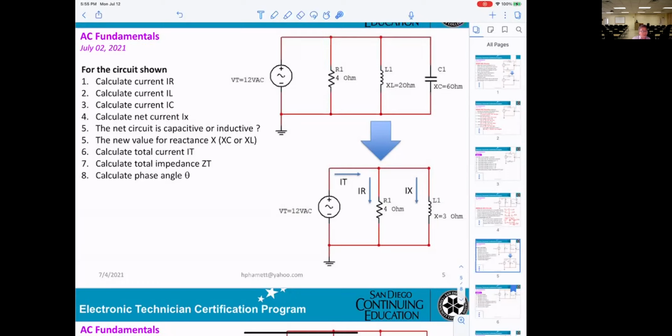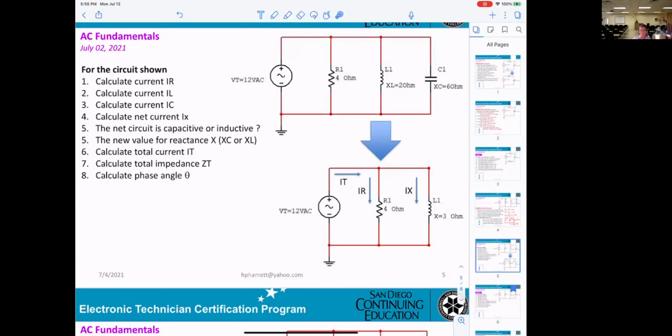And now they're asking you about the phase angle. If you don't remember the formula, go back to RL in parallel. They will tell you what theta equals. Okay, any question?